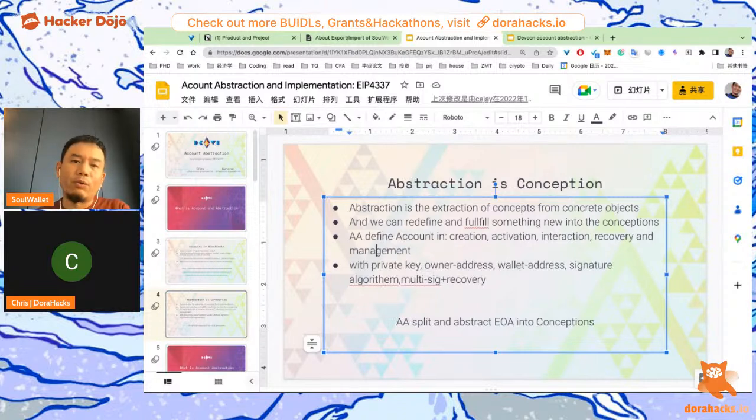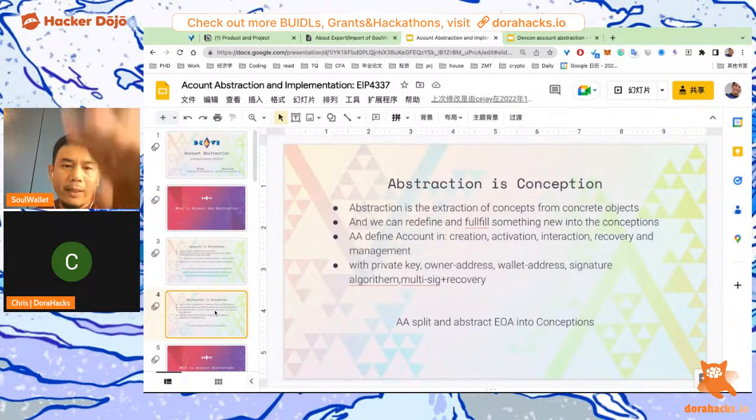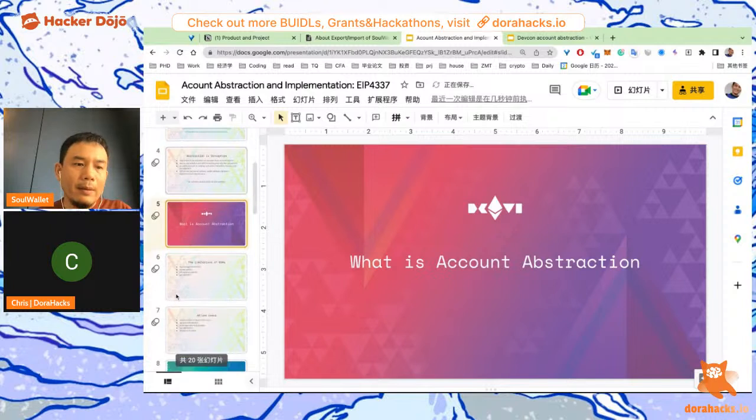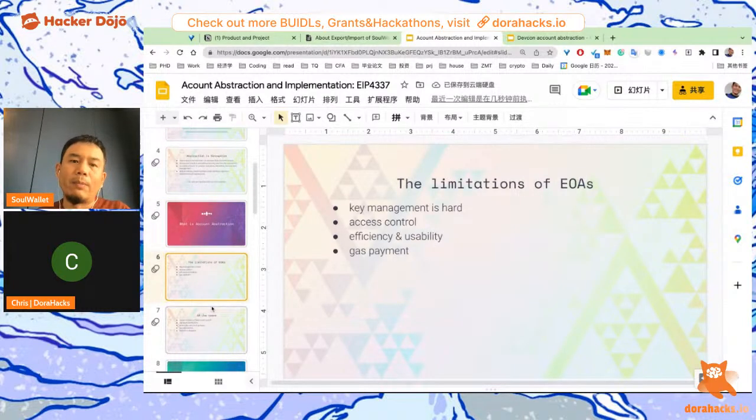It is split into 5 parts for different concepts. ERC 4337 gives a practical method with smart contracts and some node functions to put account abstraction into practice. The main parts are key management and access control, and gas payment.